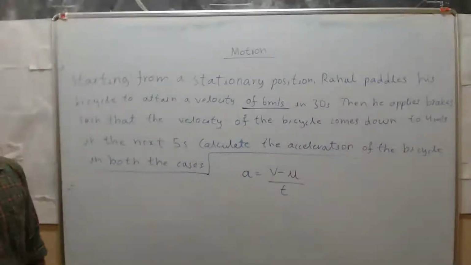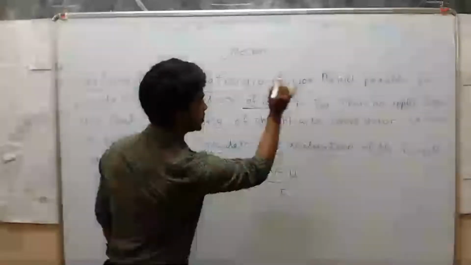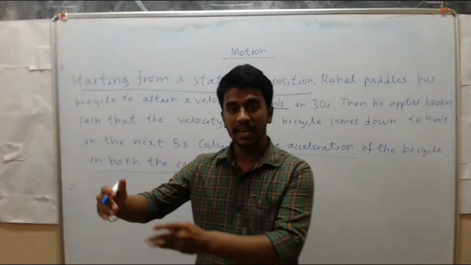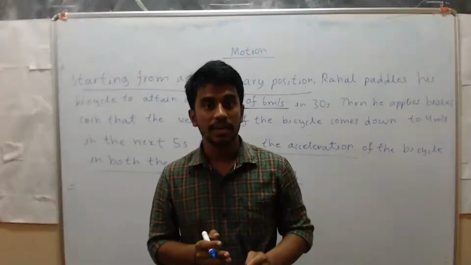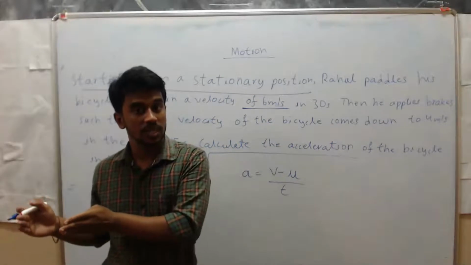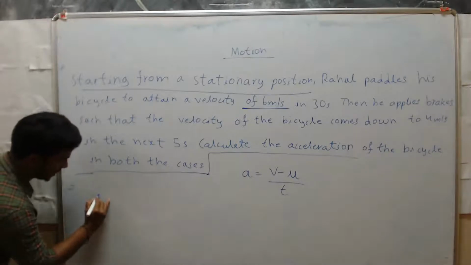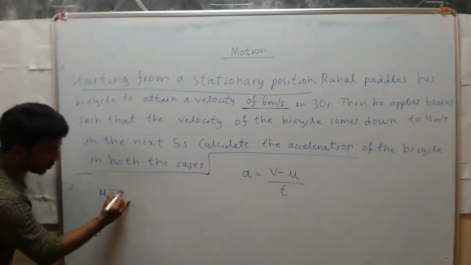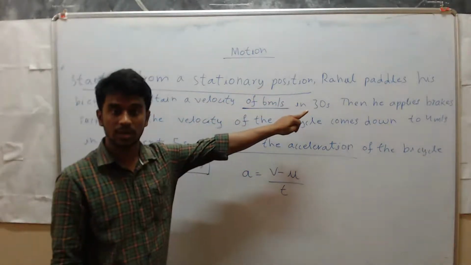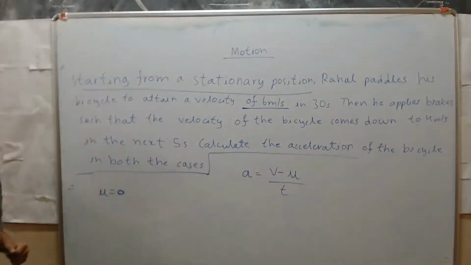Starting from a stationary position means that the object was initially at rest. So we should write initial velocity U is equal to 0. Why? Because starting from a stationary position. Stationary means that object is at rest. So that's why here initial velocity is equal to 0.